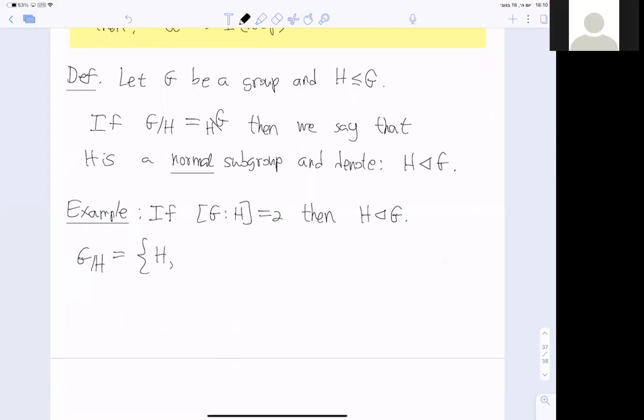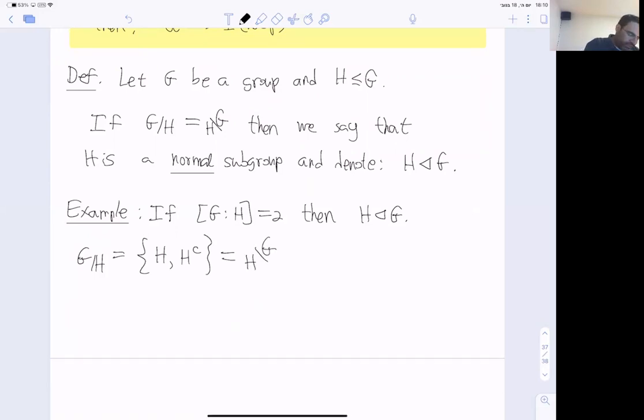Another element from G that multiplies H. The union of the cosets covers G, and we have only 2 cosets. So what can the other coset be? The complementary. I mean, you don't have another choice. And it is exactly the same.